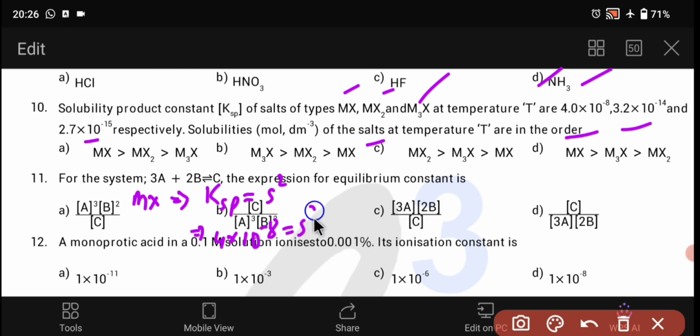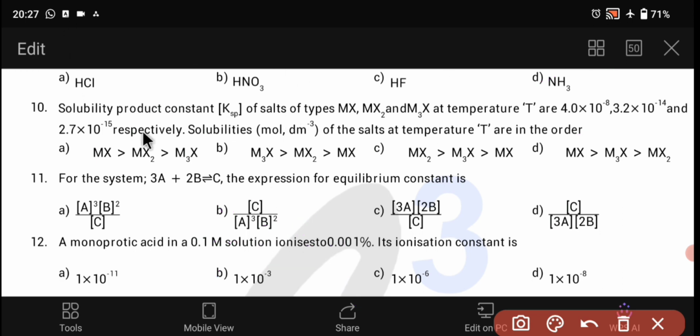So S will come out to be 2 into 10 to the power minus 4 after taking the square root. So for MX, S is 2 into 10 to the power minus 4.